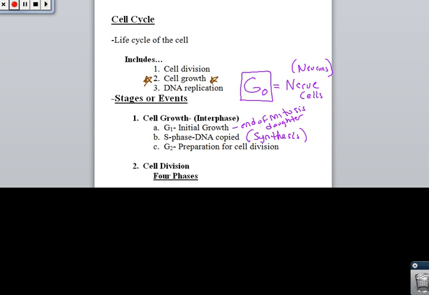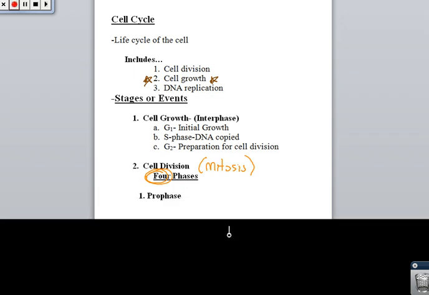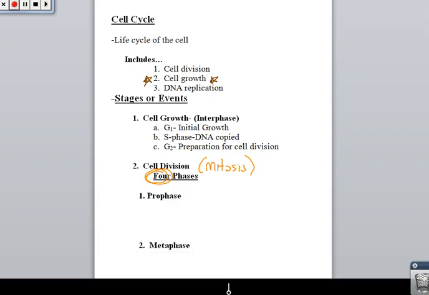Put that down. Mitosis. Let me erase some of these other things. Okay. So mitosis, or cell division, has 4 phases. They are prophase and metaphase, the first two phases. During prophase, this is just your initial phase.